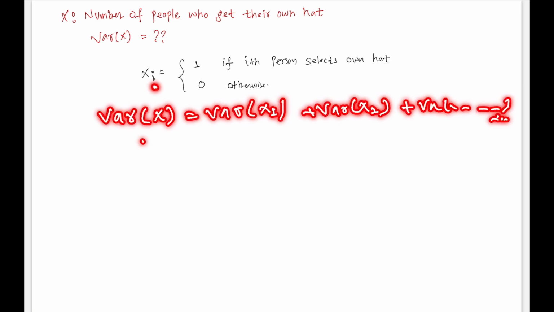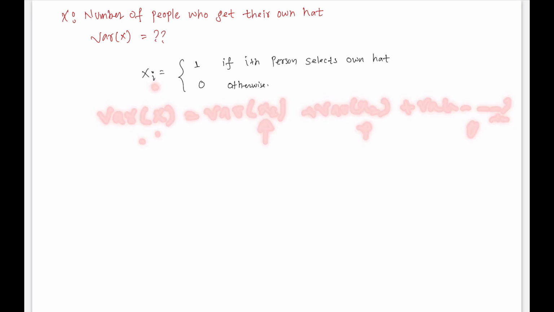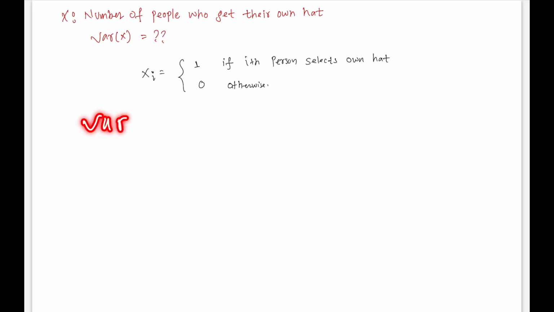Because we don't know yet how these x1, x2 and xn random variables are related to each other. If they were independent, then we would have used the variance of x as a sum of the individual variances. But first of all, let's try to find out whether these random variables are dependent or independent.